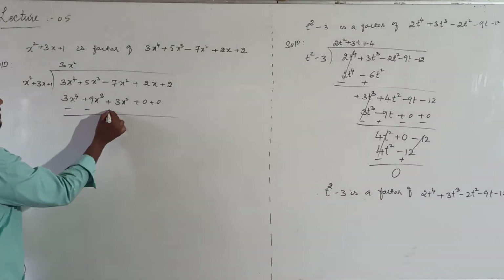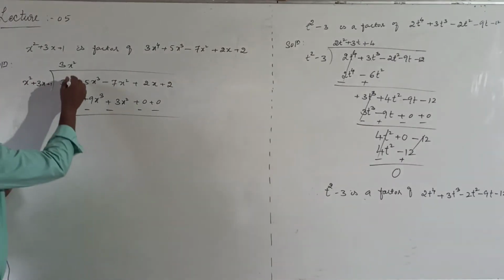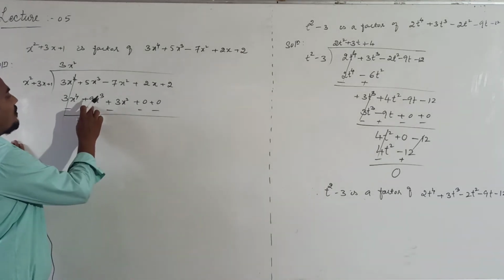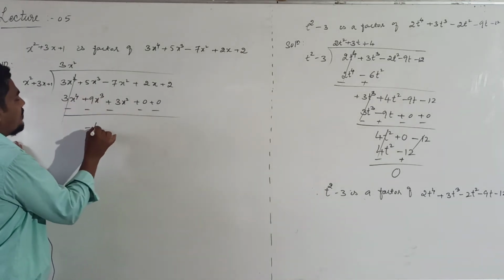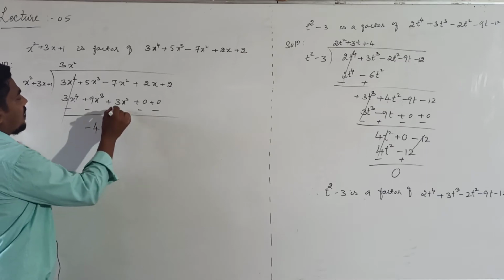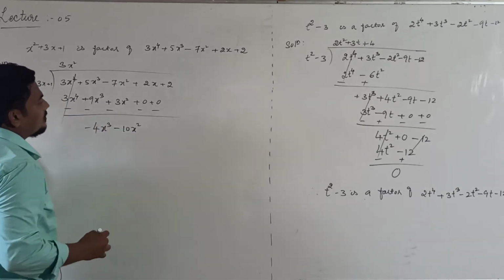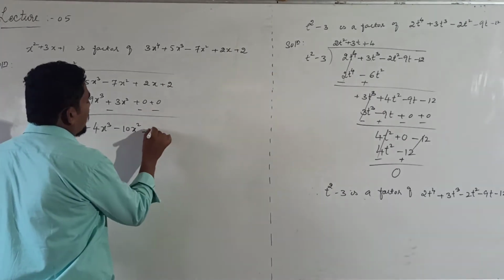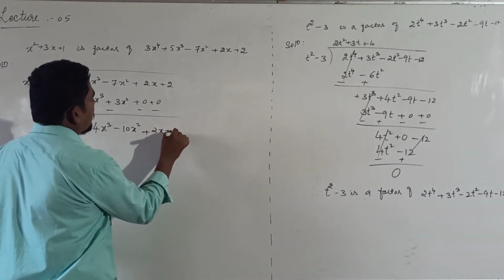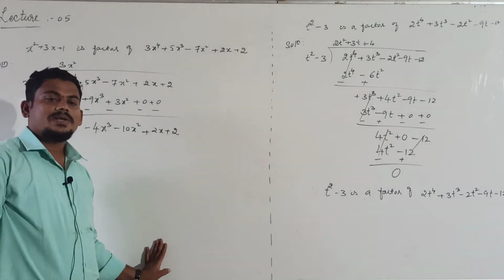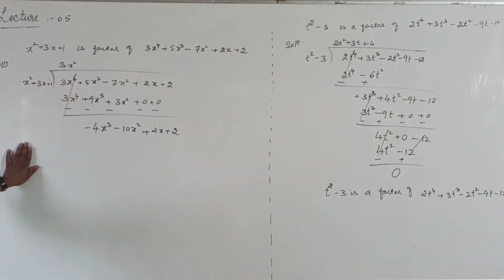Just reverse the signs. These two terms will get cancelled. Minus 9x cube plus 5x cube will be minus 4x cube. Minus 7x square minus 3x square means minus 10x square, plus 2x plus 2. Again, the degree of the remainder is more than the degree of the divisor, so continue this process.